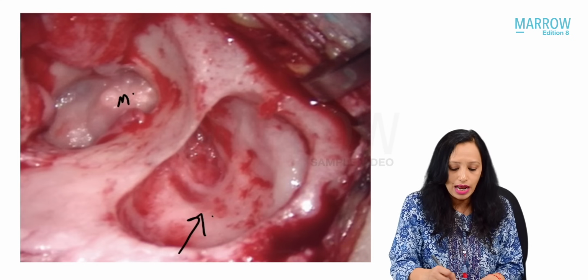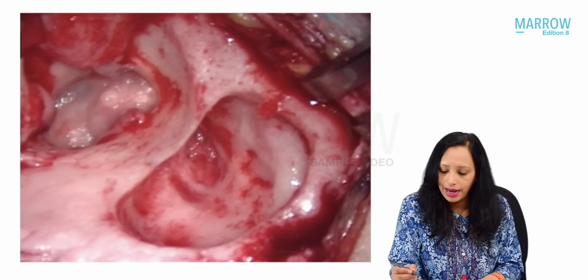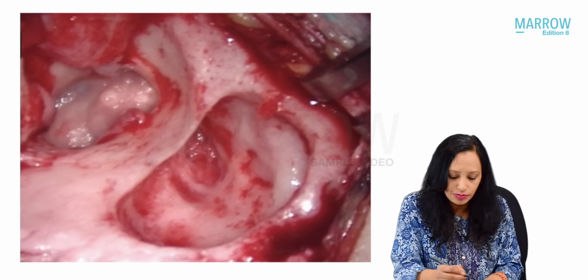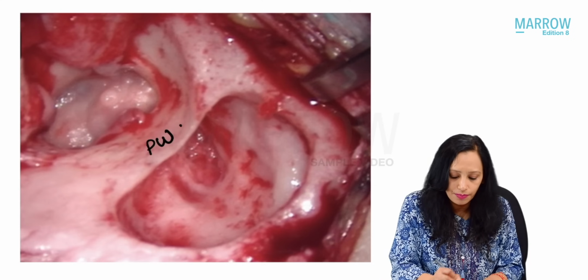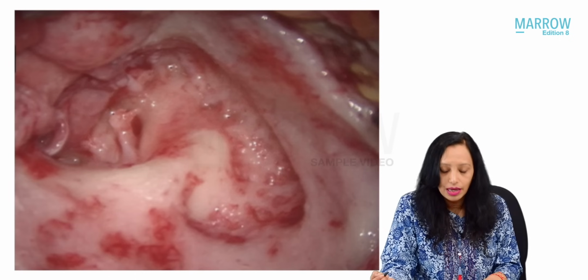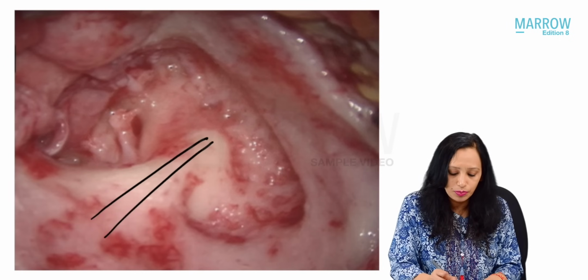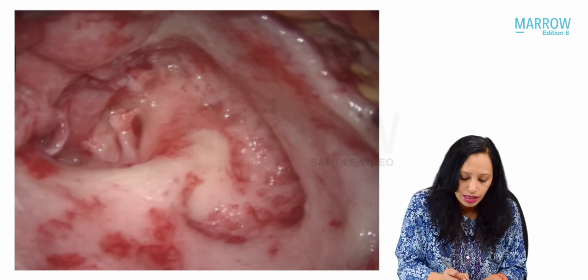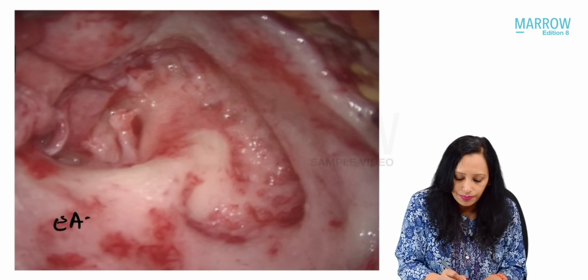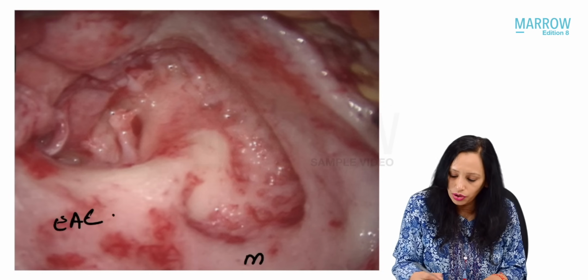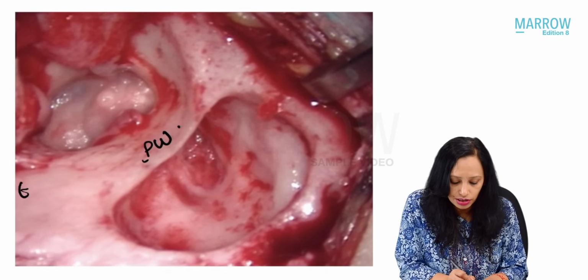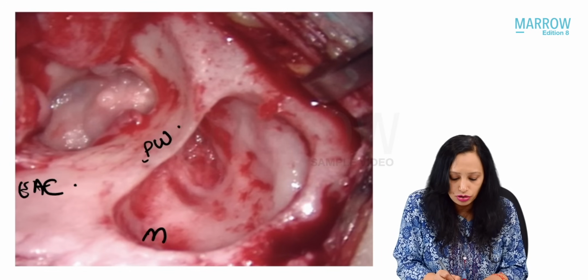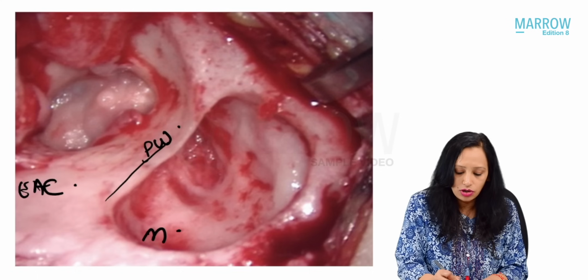Okay. And now just see carefully. In this picture, you can see the posterior wall of the external auditory canal. Yes. Now see here, in this surgery, what I have done, this posterior wall which was present here, in between the external auditory canal and the mastoid. See the first picture, between the external auditory canal and the mastoid. Can you see this common wall?